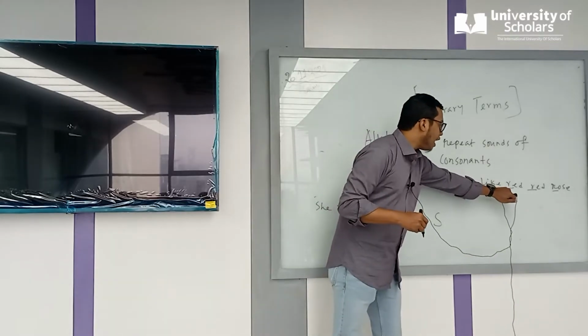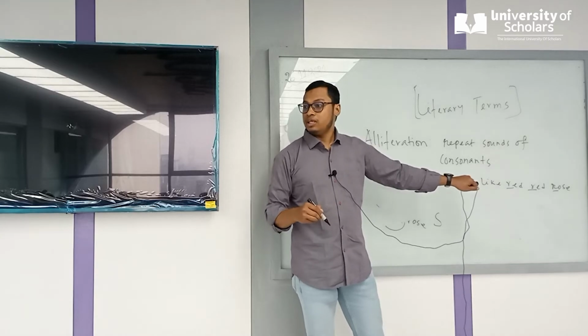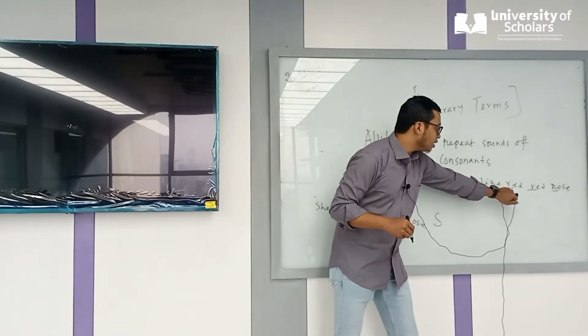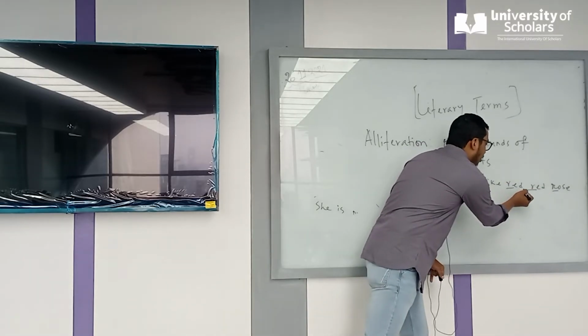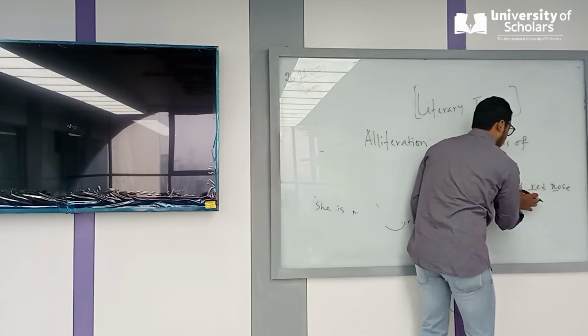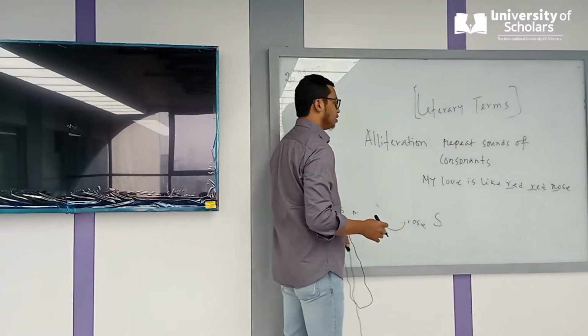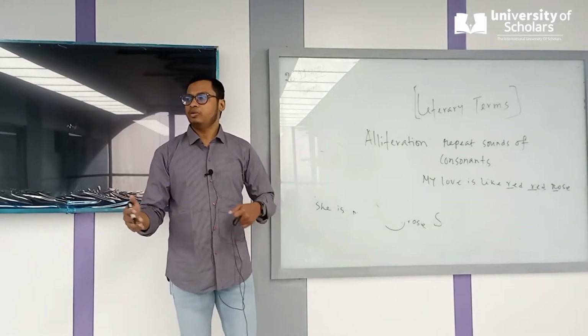Now can you see that? R. That is called alliteration. Why are you not writing? Okay. My love is like a red, red rose. Can you see that R is repeated here? R is a consonant. Then D is not being repeated. So R is being repeated all the time. It can be the last word being repeated, anything, but it will be repeated.